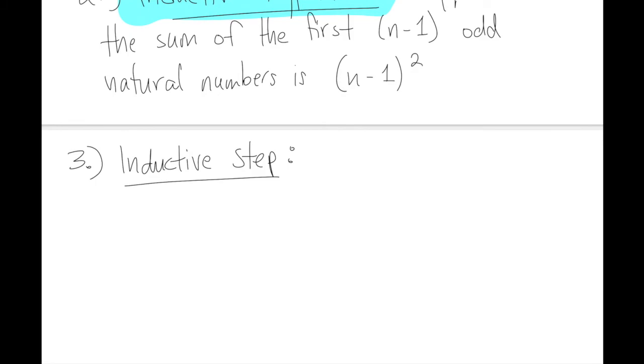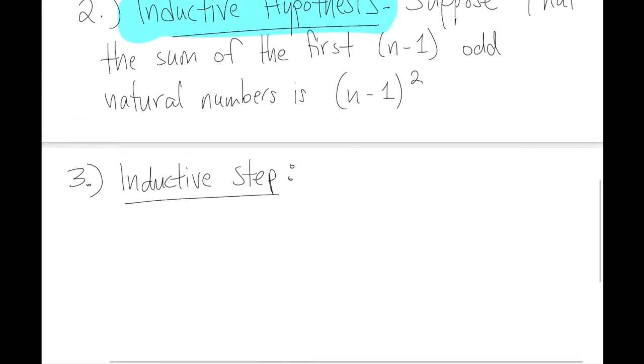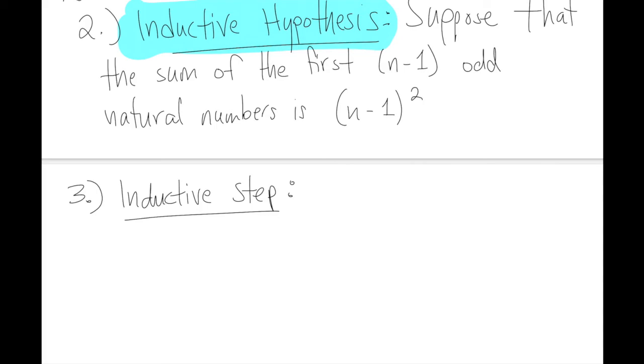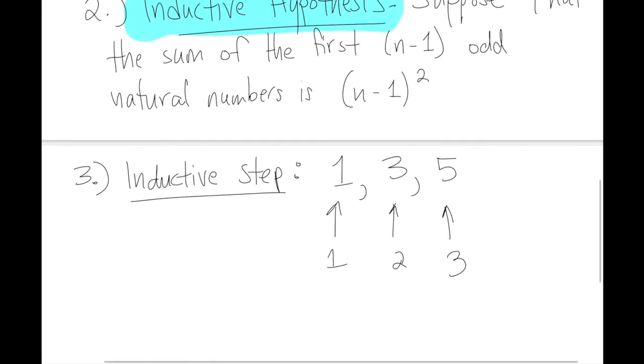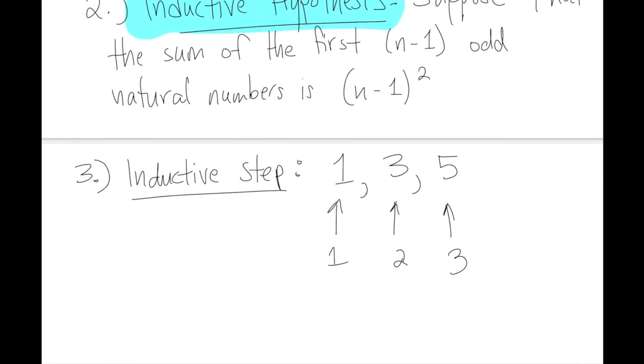So let's first figure out what the nth odd natural number is. The first odd natural number is going to be 1. The second odd natural number is going to be 3. The third odd natural number is going to be 5. So here this is the first, this is second, this is third. And you can figure out a pattern that the kth odd natural number is going to be just 2 times k minus 1.